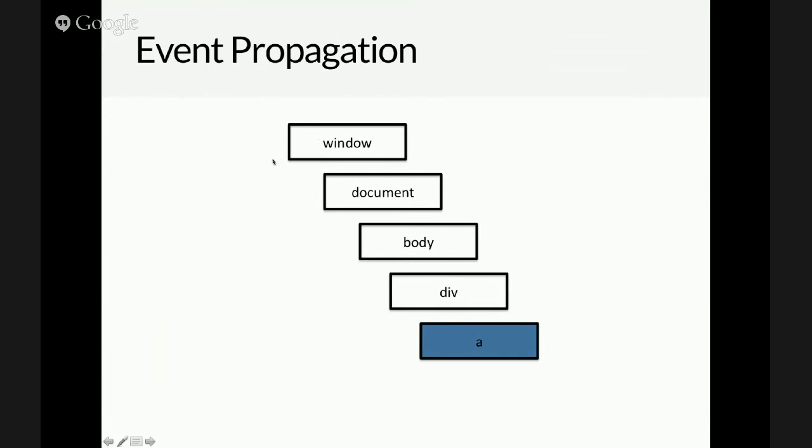Essentially, window.addEventListener, some handler, comma, true. It's looking for those registered with a true at the end, and will fire those off first. And then it will move to the document, fire off any document event handlers for that event registered with true, then the body, then the div.